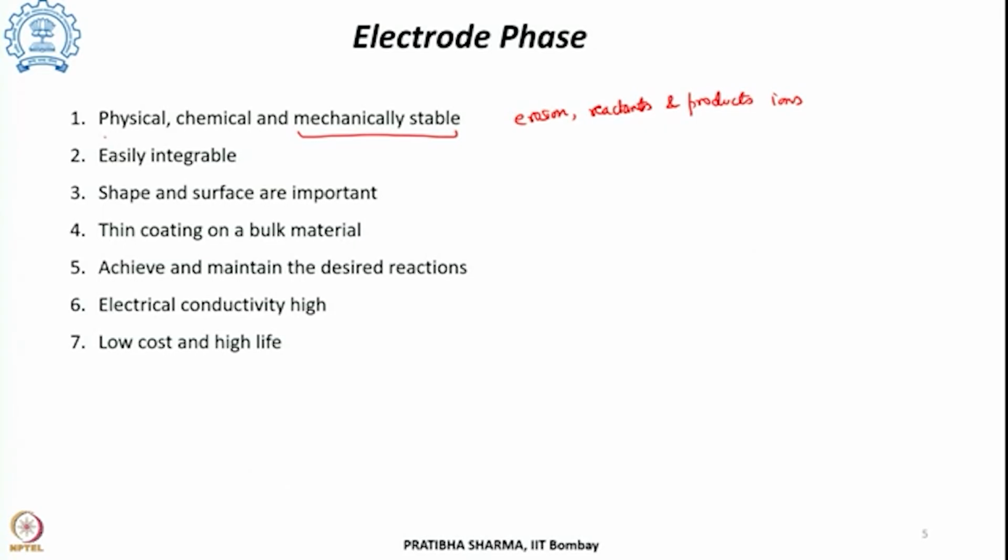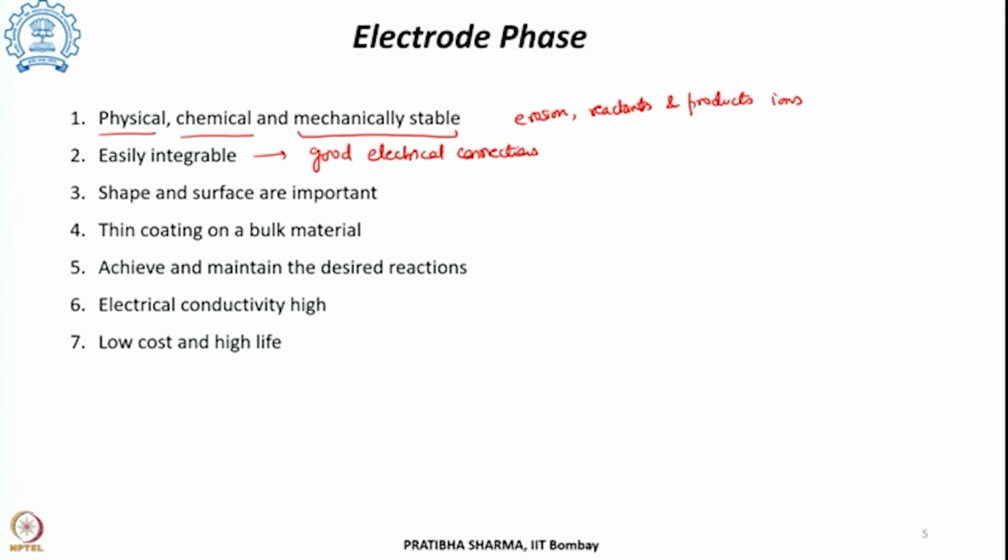At the same time it should remain physically and chemically intact. This electrode should be easily integrable. By easily integrable we mean that in an electrolytic cell it can be easily connected, giving rise to good electrical connections, and when required can be taken out for inspection or for maintenance.